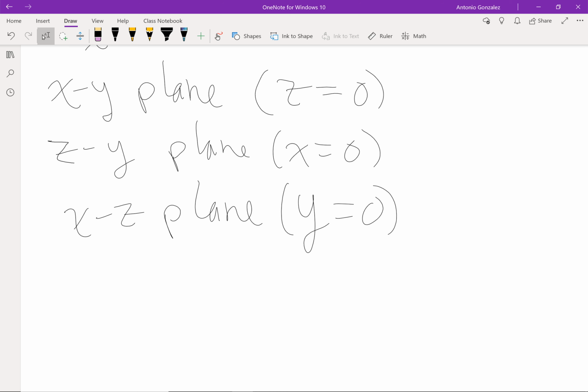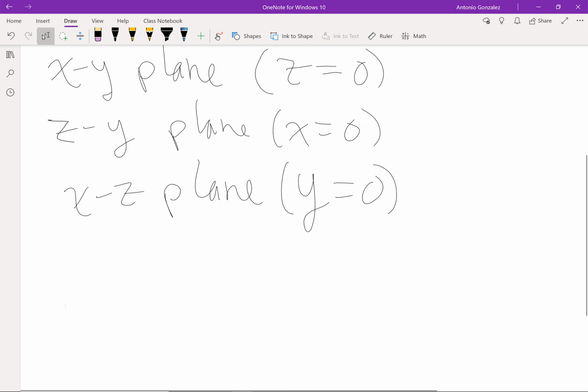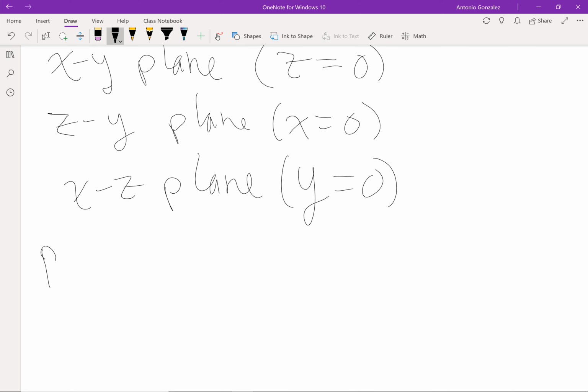It corresponds to a line, a one-dimensional object instead of a two-dimensional flat plane. The same thing here: when we have z equal to 0 in R3, that corresponds to a two-dimensional object, in this case a plane. All right. Now, how do we plot points?